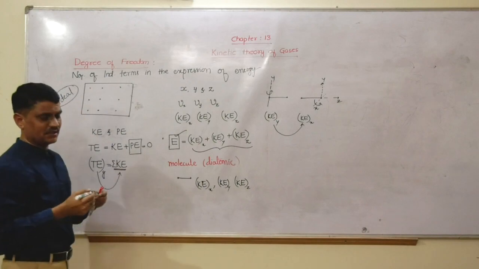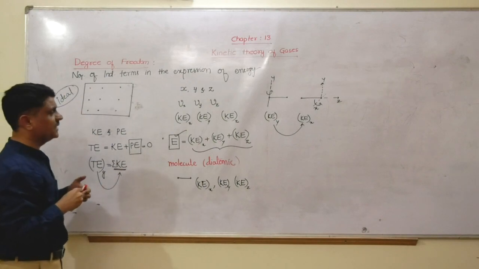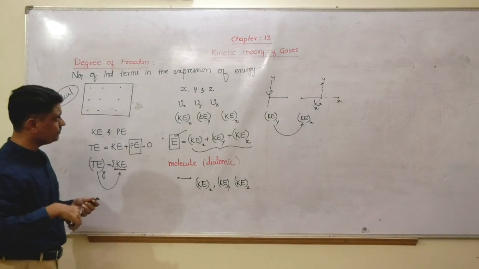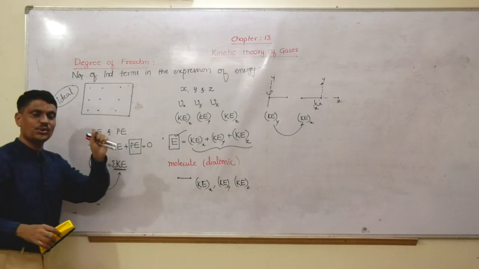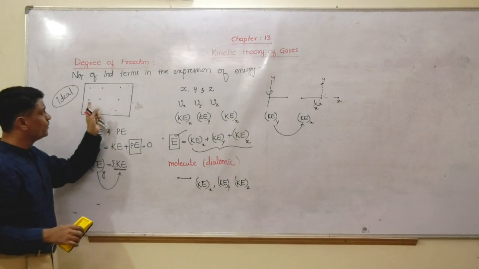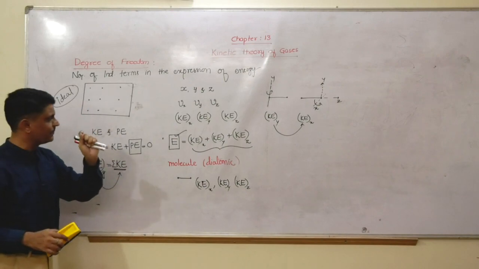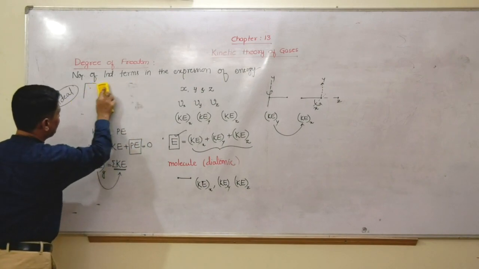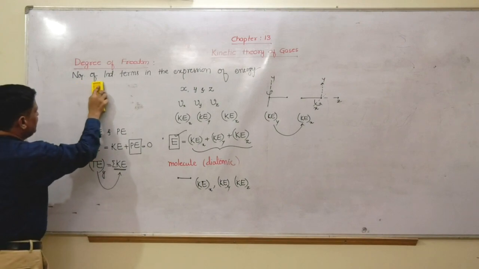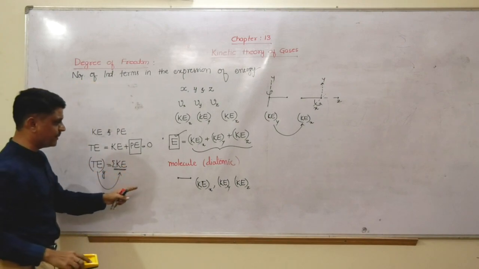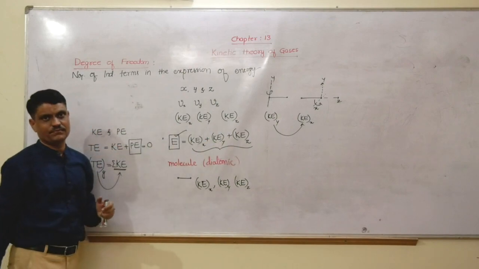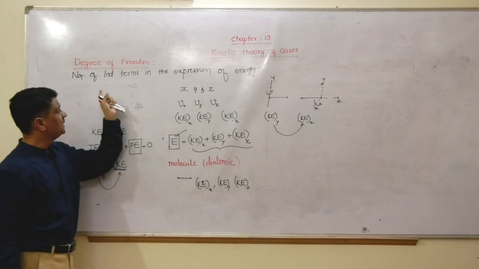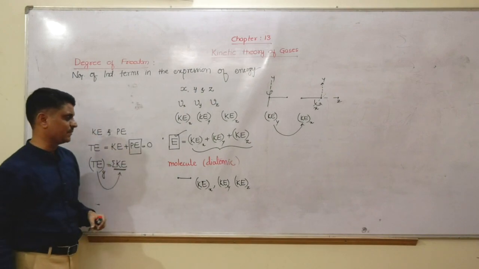When I take a single atom, means monoatomic, mono means single. Okay. In monoatomic, we have three independent terms. That is, all three are translational kinetic energies. Therefore, it has 3 degrees of freedom.